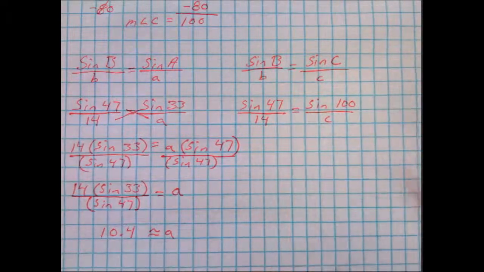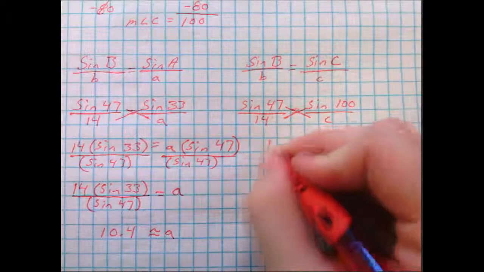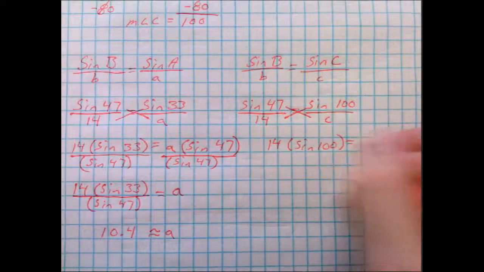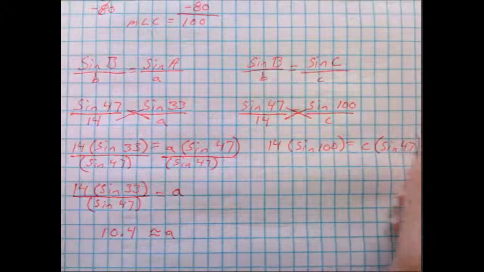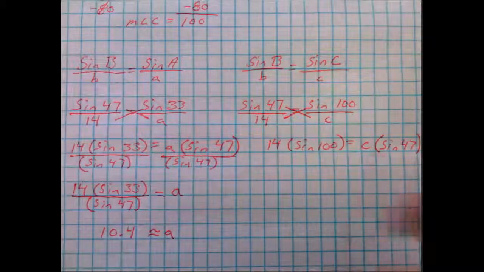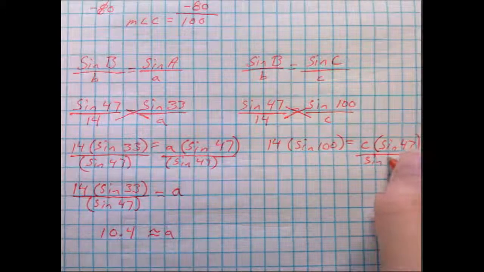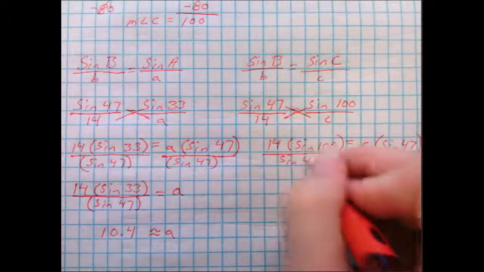Alright, so let's go to the other side. Here, again, our cross products. So we have 14 sine of 100 equals c sine of 47. Then again, I have to divide by this extra piece, so sine of 47 on both sides.